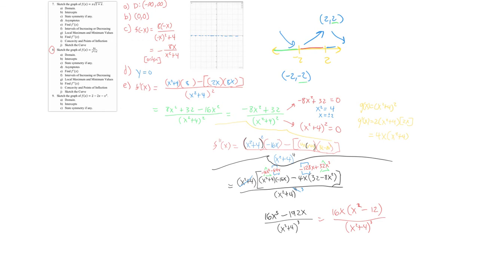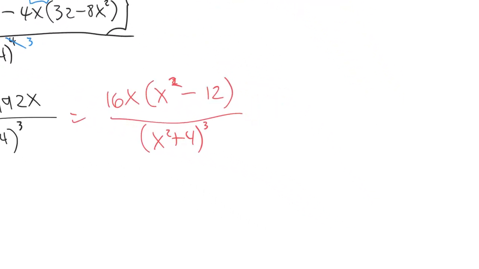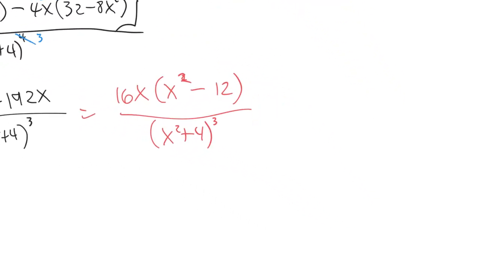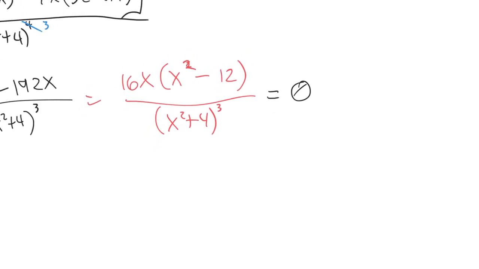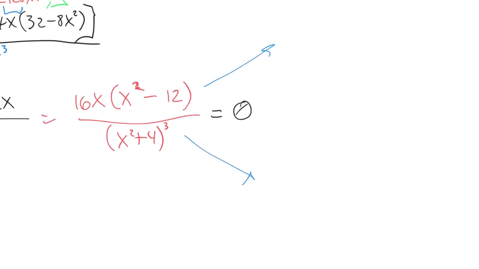Now we want to know what's the concavity, what are the points of inflection? Well, as you remember, that's going to be a matter of setting this thing equal to 0, finding those critical values. And in this case, you could really go off and do that splitting technique where it would be 16x times x squared minus 12 equals 0.